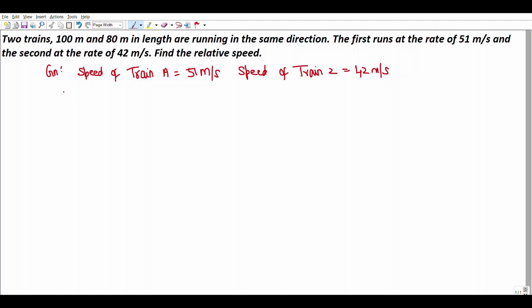We know from the question that both the trains run in the same direction.